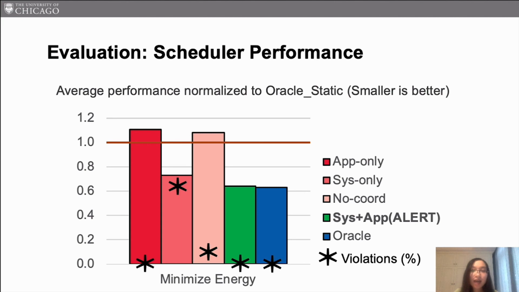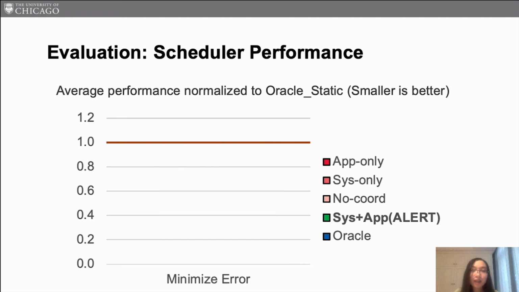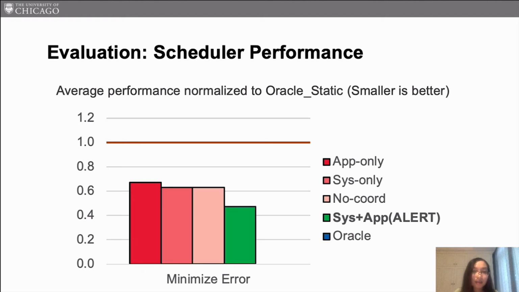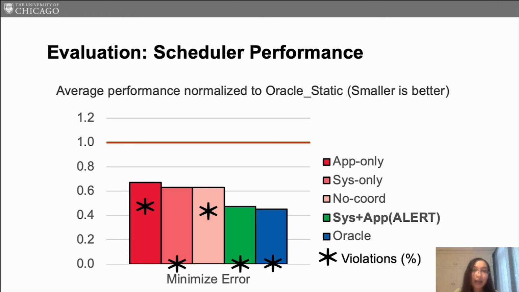As we can see, our Alert has close to oracle performance and almost has no violations. The minimize accuracy task, or call it the maximize accuracy task, or the minimize error task, has a similar trend: the baselines, our Alert, the oracles, and the violations.